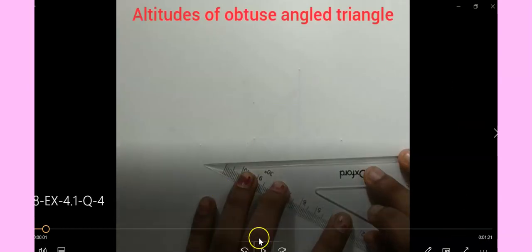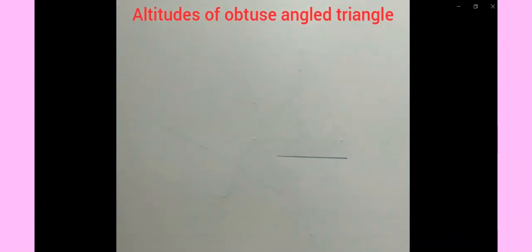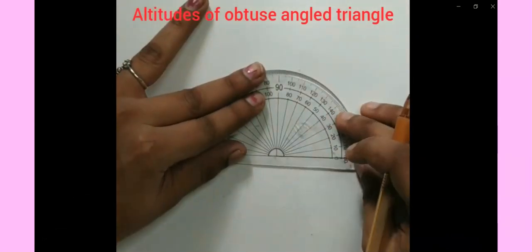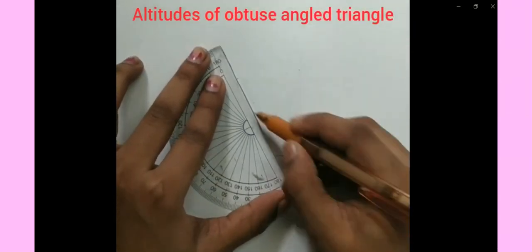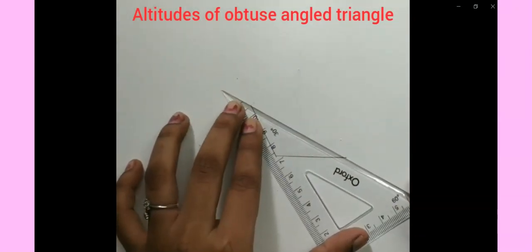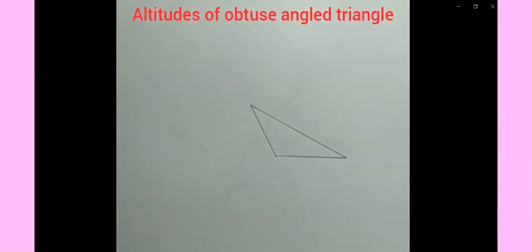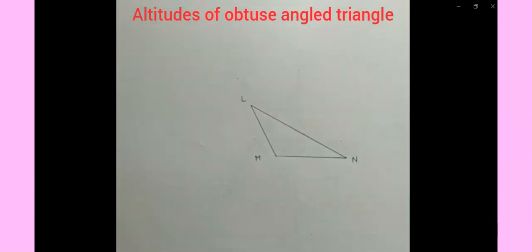Now see the altitudes of obtuse angle triangle. First draw the triangle LMN.